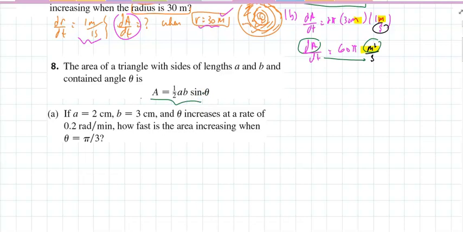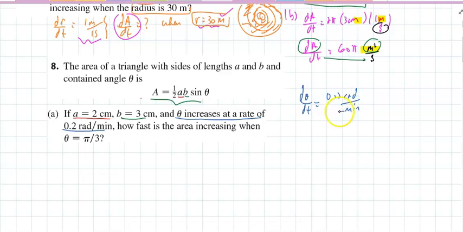Here they say if a equals 2 centimeters, and if b equals 3 centimeters, and the angle theta is increasing at a rate of 0.2 radians per second, so d theta/dt is 0.2 radians per minute.